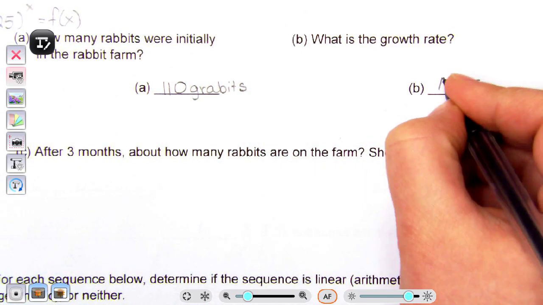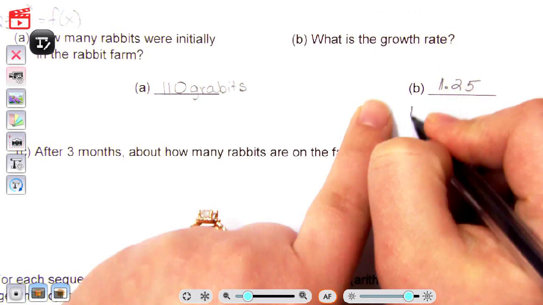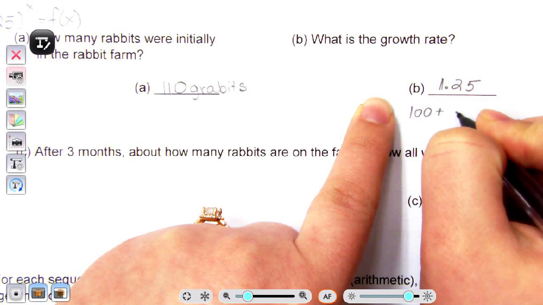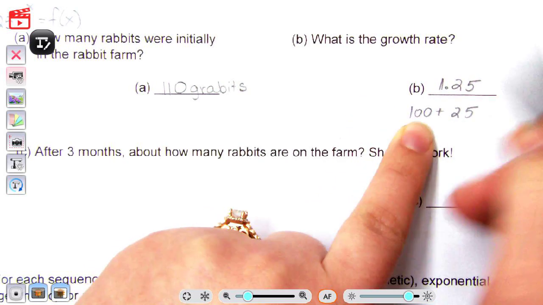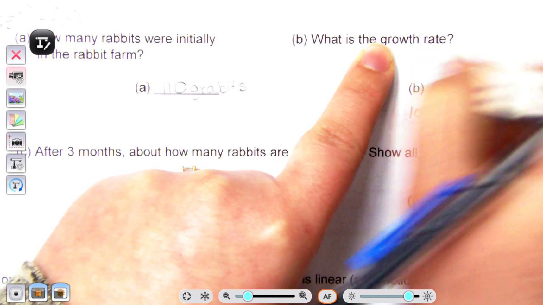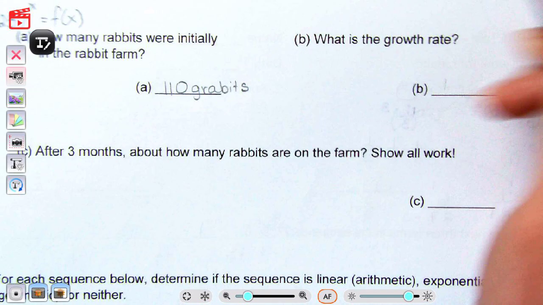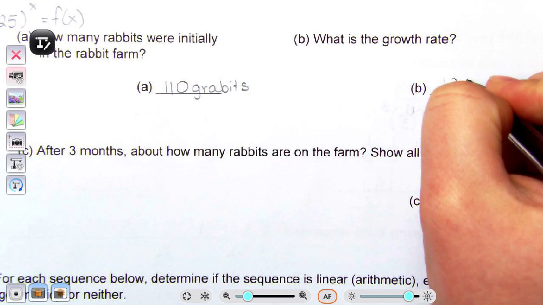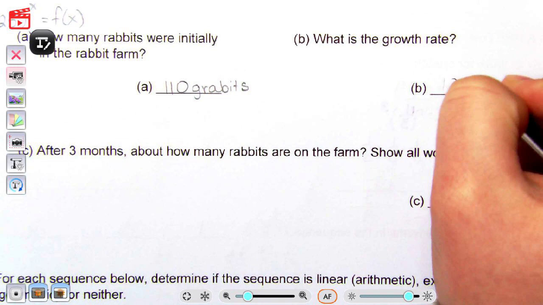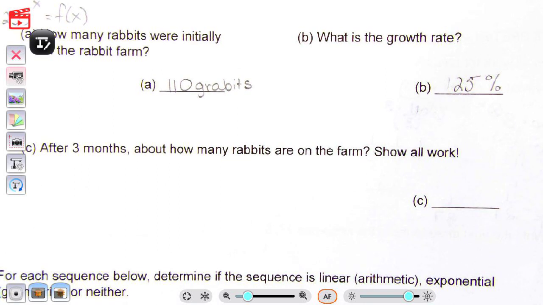So this 1.25 means that we take the previous, this is 100 plus 25. So we would take the previous amount and add 25% to that, but since it's just asking what the growth rate is, I would have to say it's 25%. And again, if that's wrong, I will come back and fix it. But right now, that's what I'm thinking.